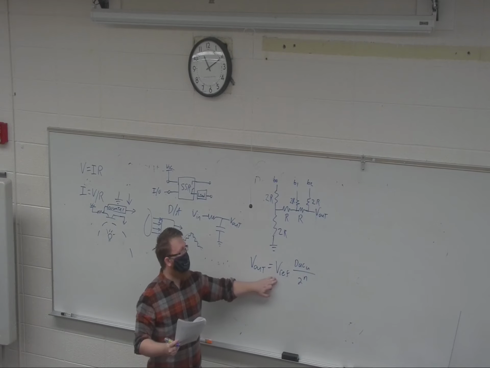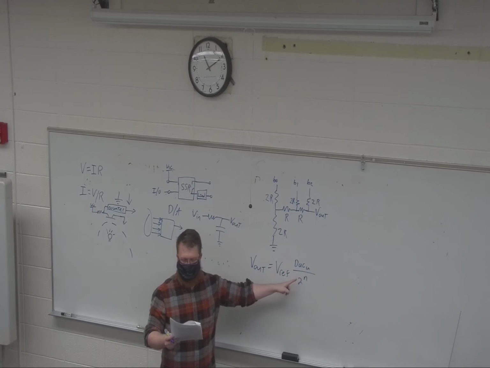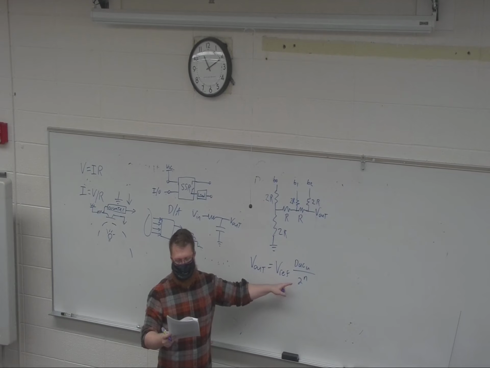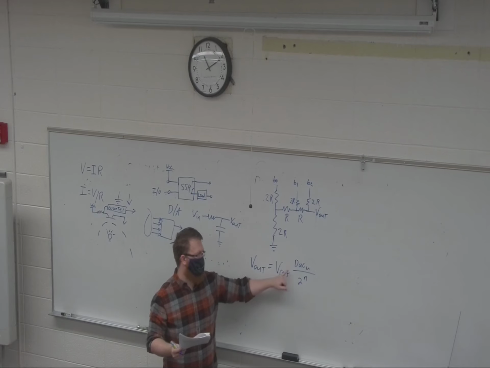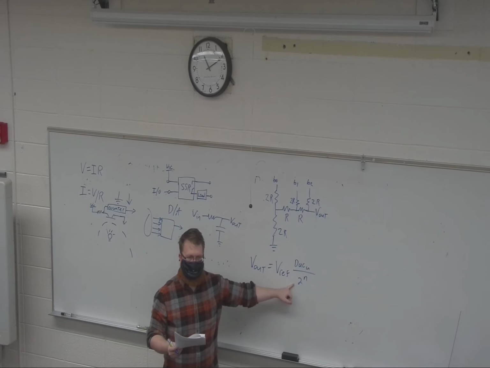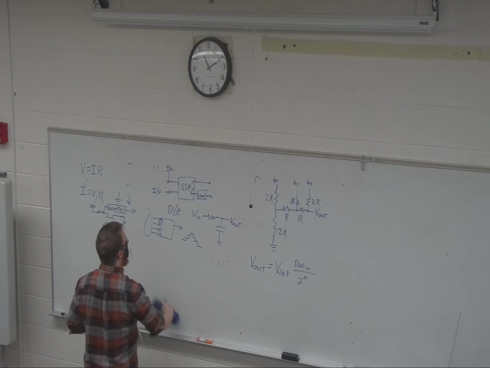And Vref is the voltage that you're targeting, right? So if your DAC in is 111, the maximum, it's going to be just Vref, because you're going to have 2 to the n by 2 to the n. So we're going to do an example. Don't worry, I won't leave you hanging on this one.